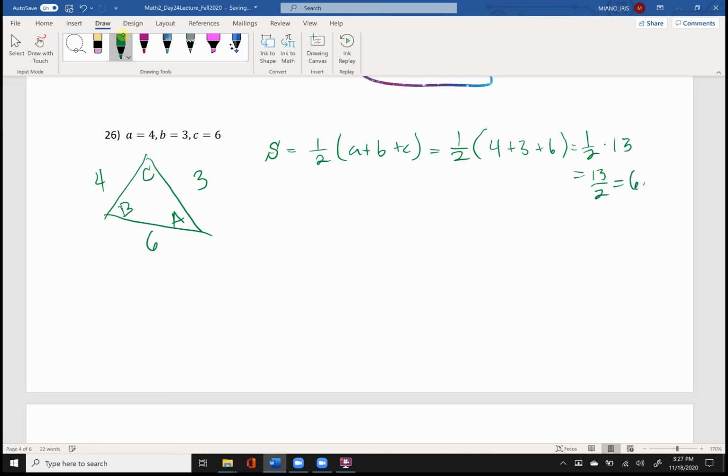Yeah, 6.5. So therefore the K value, which I won't rewrite that whole formula again, I'm just going to put in the values of S, which is 6.5, A minus S is 2.5, hold up.